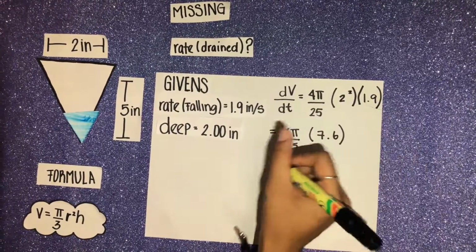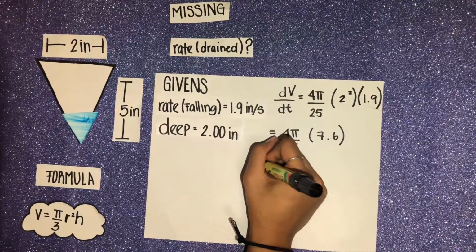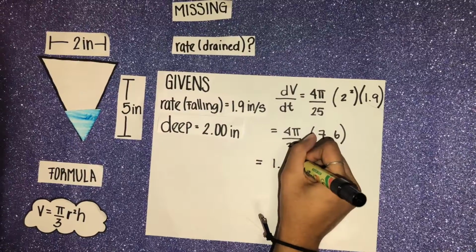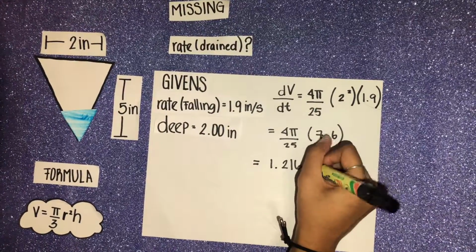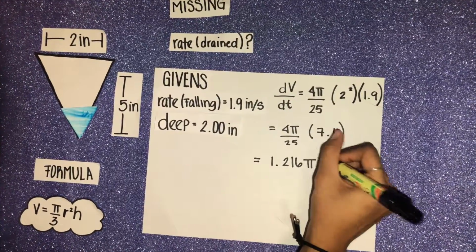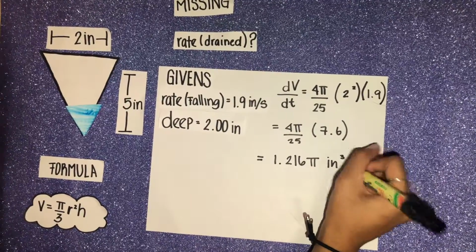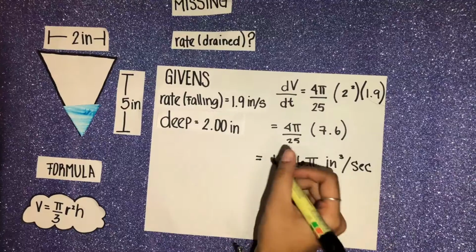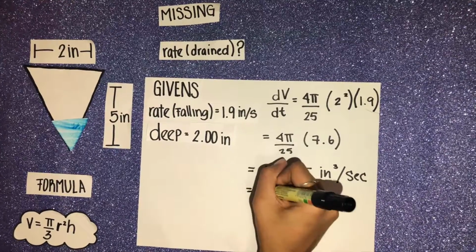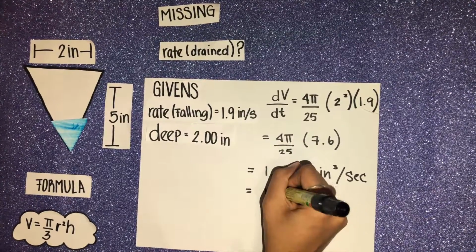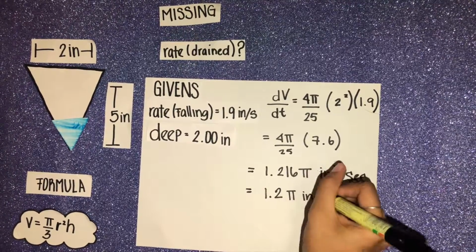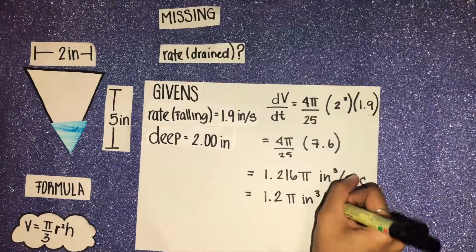So now we multiply everything and it will give us 1.216 pi inches cubed per second. So for the final answer, we round, and that will give us 1.25 inches cubed per second.